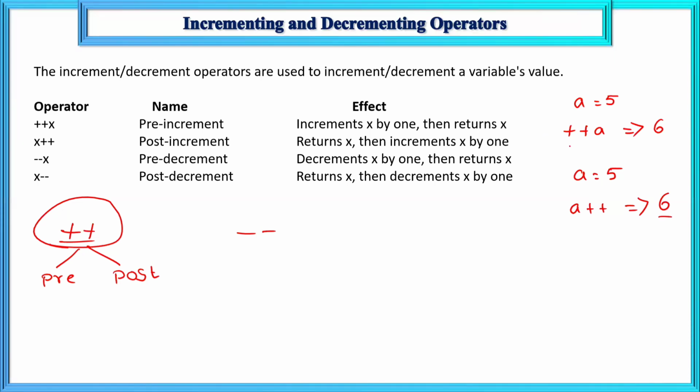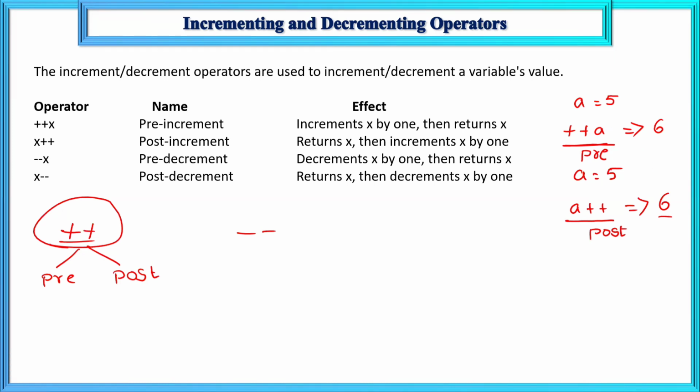Then what is the difference between pre and post? Observe, if you write the operator before the variable, that is called pre. If you write the operator after the variable, that is called post. Remember, if your expression consists of only the increment operator, there is no difference between pre and post.